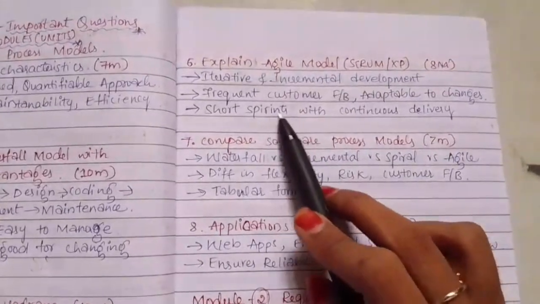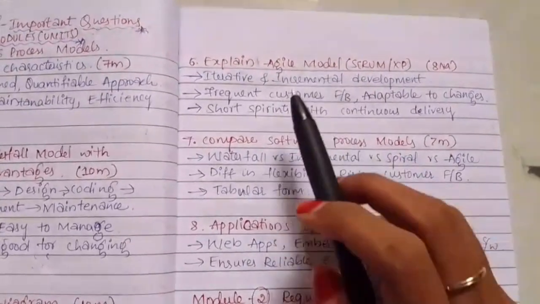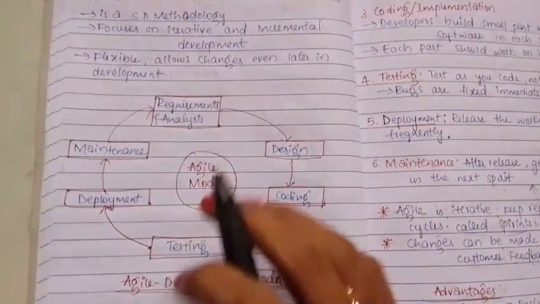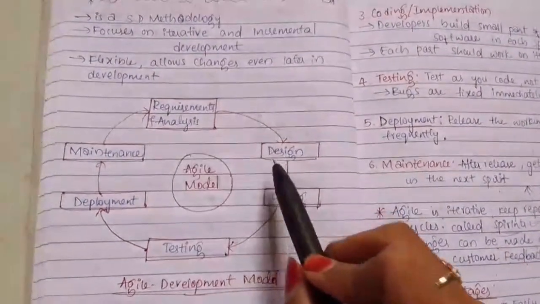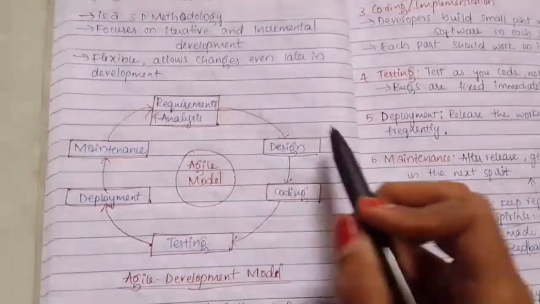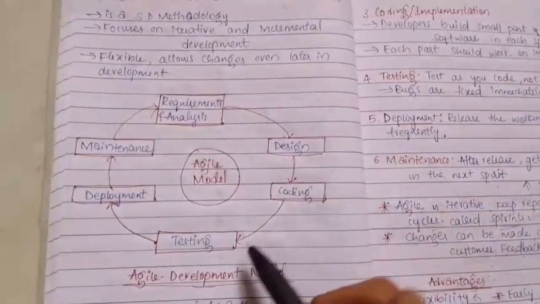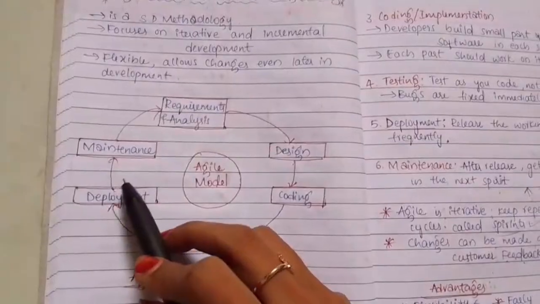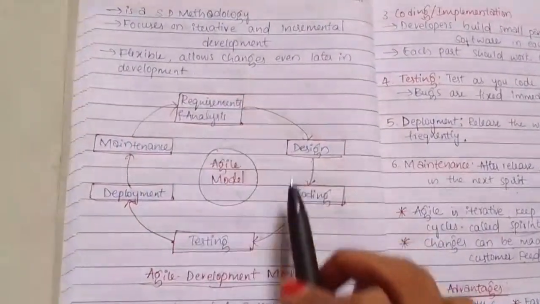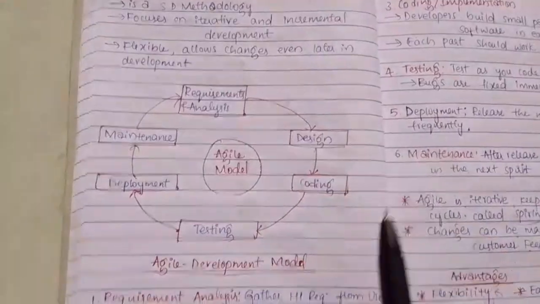Circles we have. I'll show you the agile model as well. You have to draw this diagram and explain each of the phases, that is requirement analysis, design, coding, testing, development, deployment and maintenance. You have to explain all 6 phases in detail.